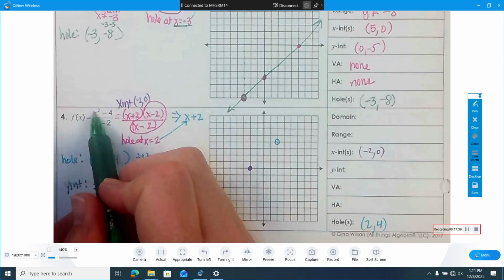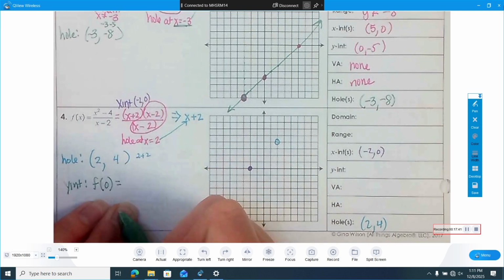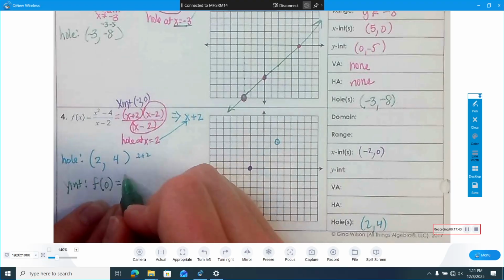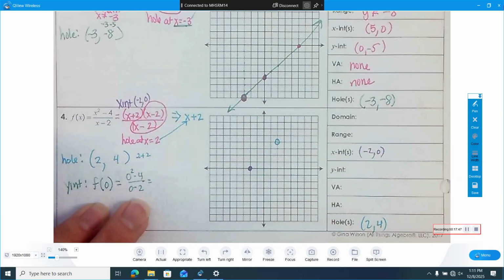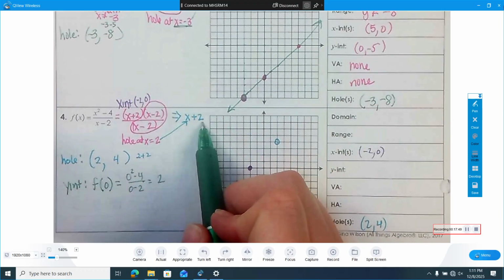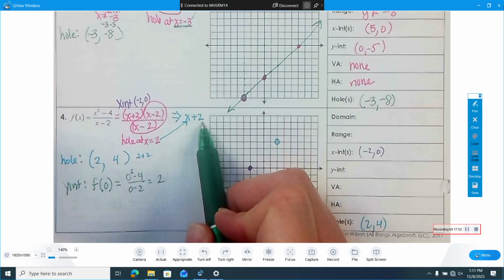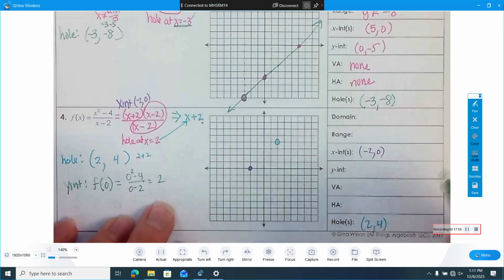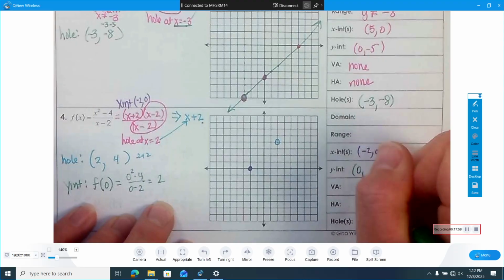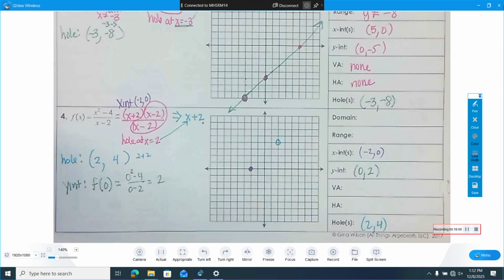If I plug in zeros at the beginning, I would have 0 squared minus 4 over 0 minus 2, which turns out to just be 2, and that shows right here as well. So we can see it in the simplified function as well. So this is a y-intercept of 0, 2. But anytime you want to find a y-intercept, super easy to do. Just plug in zeros for x.